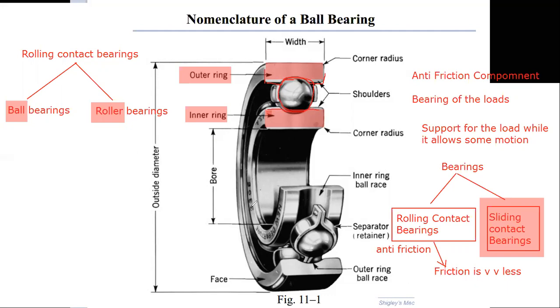So these balls sit in there, लेकिन these balls are then put in a cage, ठीक है जी, और separator, या इस चीज को we call this a separator, a retainer, or a cage, right?